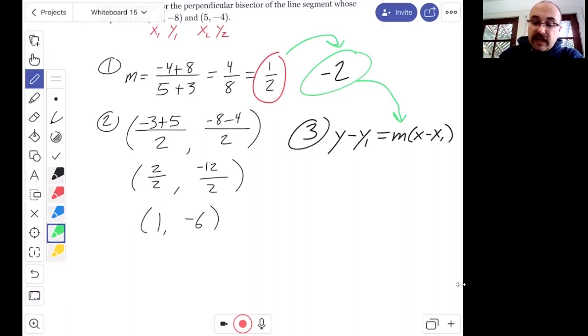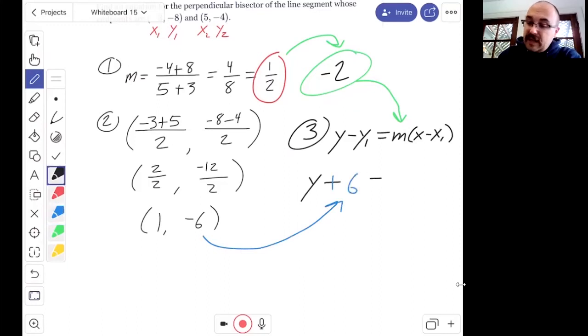We're also going to plug in the values from our midpoint. So let's put this all together. Y minus, well, I need a y1. It's -6. So that switches to +6. Equals, putting that slope in from above, -2. X minus, we need an x1. It's coming from our midpoint right there.